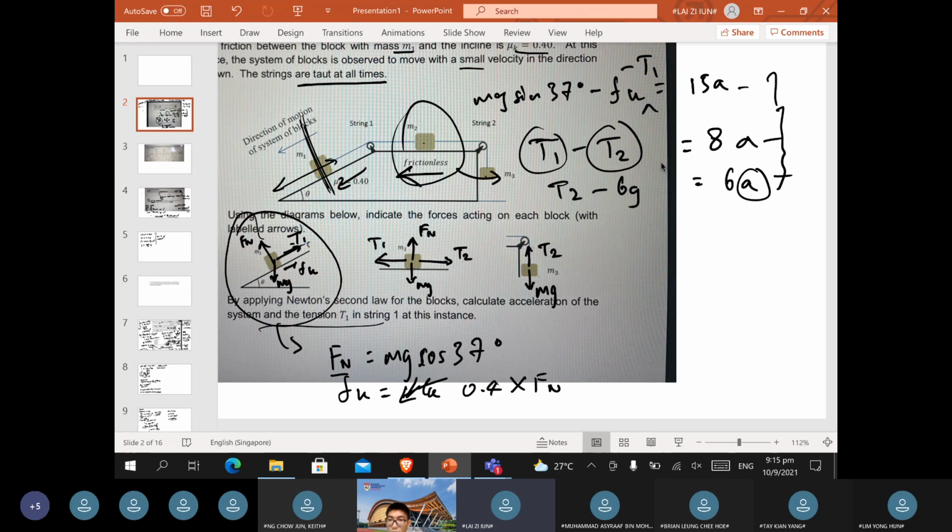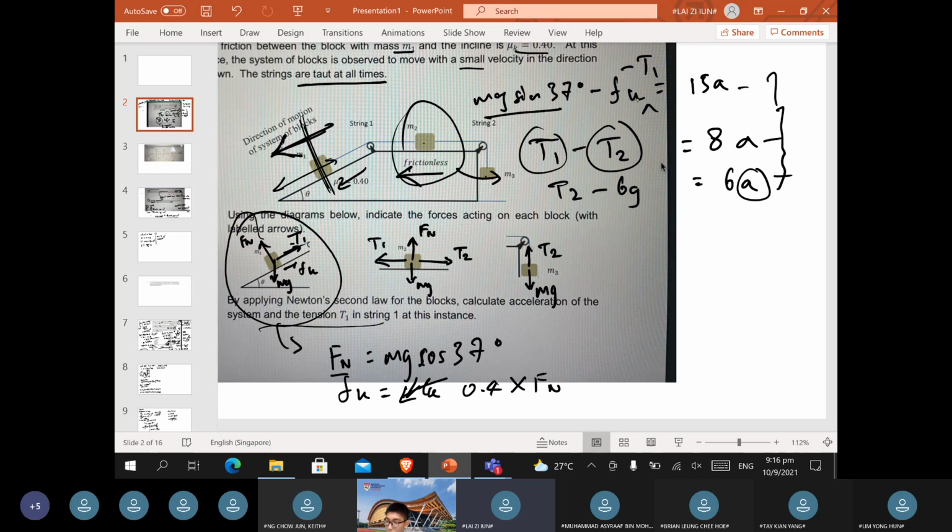Shall we take the direction of motion to be positive when equating the forces? As long as you're consistent. If I don't know the direction of motion, I can assume. I assume that acceleration is in this direction, so in order for it to truly be in this direction, the mg component must be greater than T1.